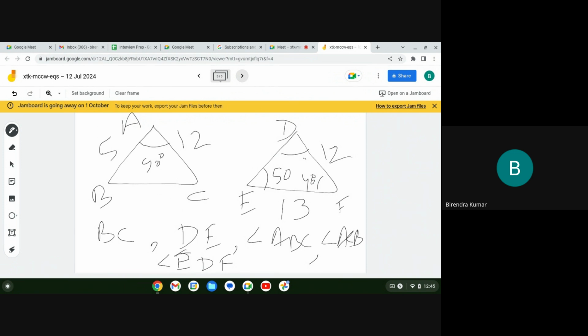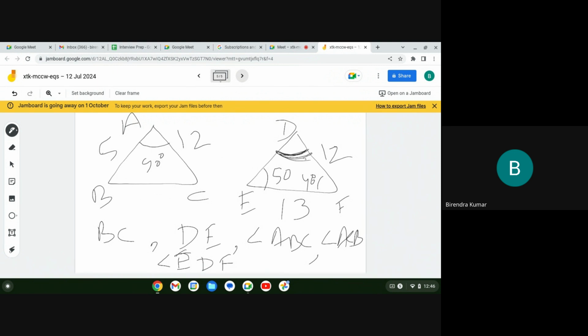So here, what did we do? We applied three things that we knew. One is that the sum of all the angles is 180 degrees for a triangle. That is how you found this as 90 degrees. As soon as you found 90 degrees, you applied the congruence SAS.